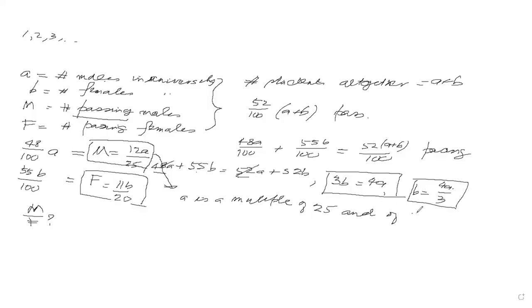So A is a multiple of 25 and also a multiple of 3. So it goes to show that A must be a multiple of the least common multiple of 25 and 3, which is 75. Right? But there are several other possibilities for A, because there are other numbers which are multiples of 25 and 3. So A could be 75 or 150, or any multiple of 75.